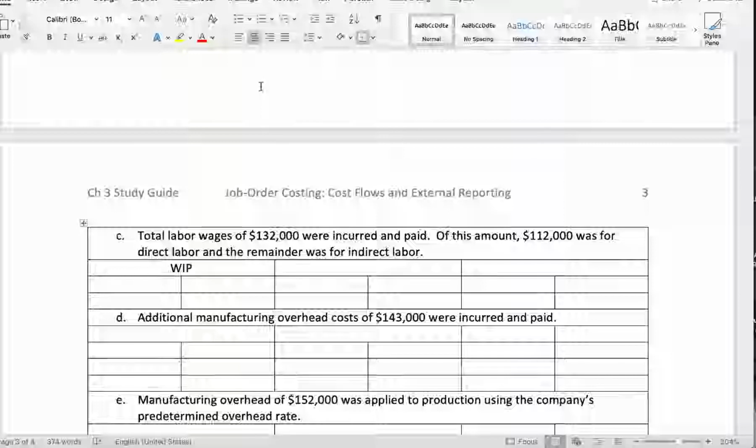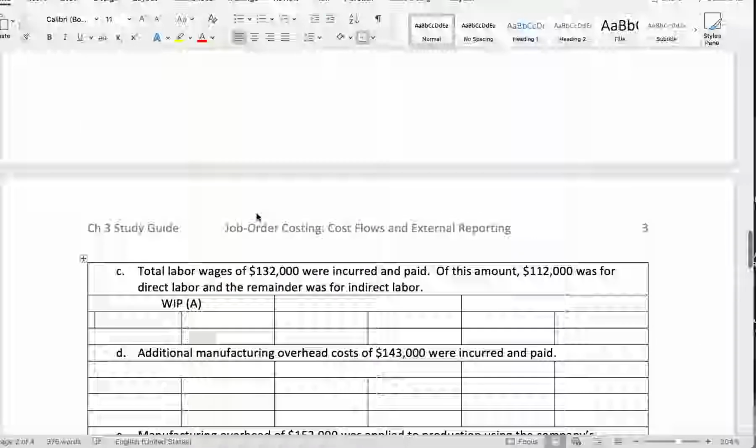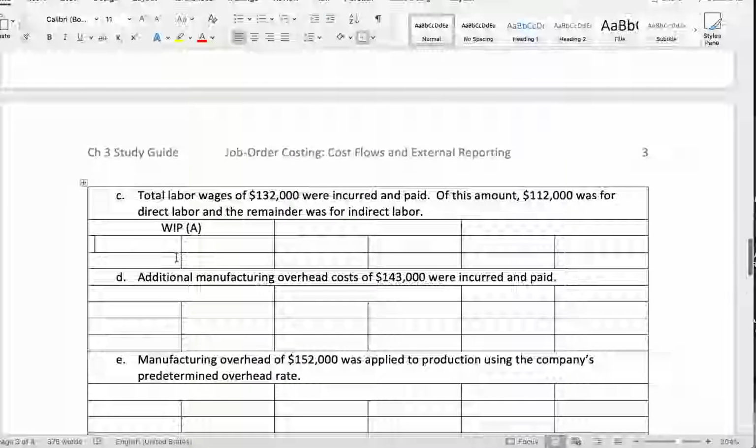How do we increase an asset? We increase an asset with a debit, we decrease an asset with a credit. I made a mistake here, I got confused. We'll revisit B when we're done, but let's keep working here.